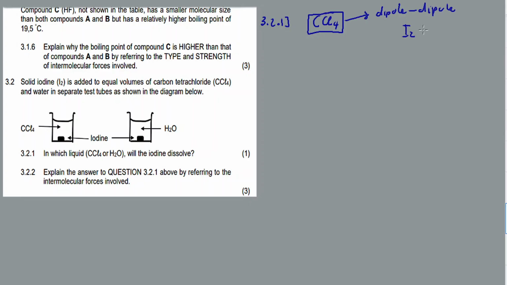Iodine also has dipole forces, right? Dipole forces.